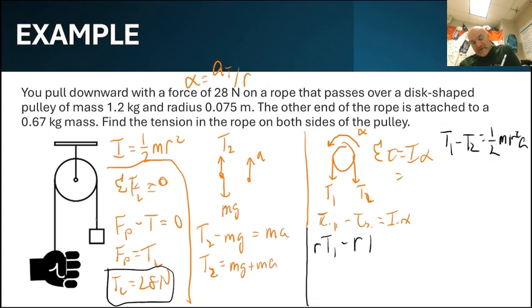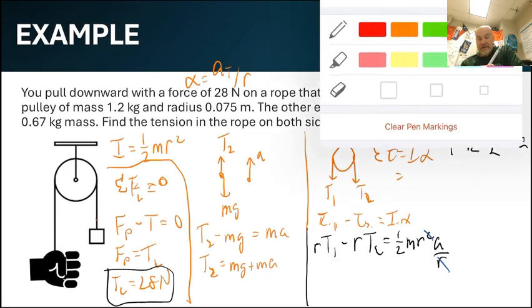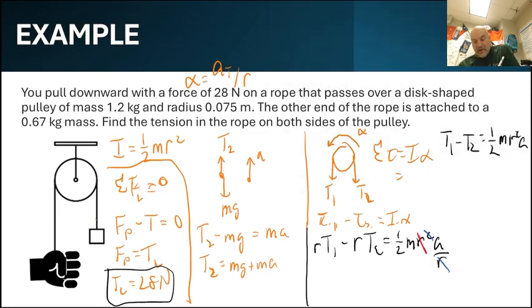So I have RT1 minus RT2 equals, now I'm going to substitute in the 1/2 mr squared here, and that's going to be A over R. So this cancels this one, and then this R, what's left over, cancels these R's. So I have T1 minus T2 equals 1/2 MA. Okay.